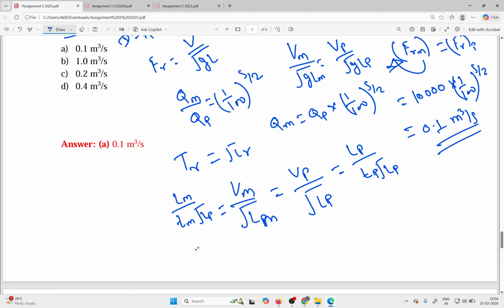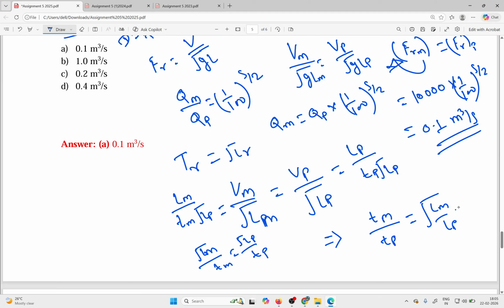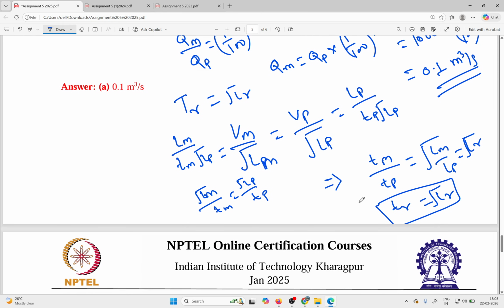So here you will get root Lm divided by Tm is equal to root Lp divided by Tp. So Tm by Tp is equal to root of Lm by Lp. So you can write Tr is equal to root Lr. That's why it is written here.